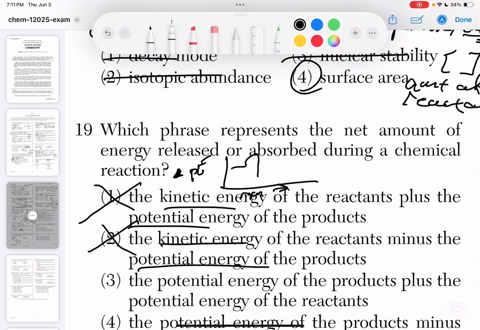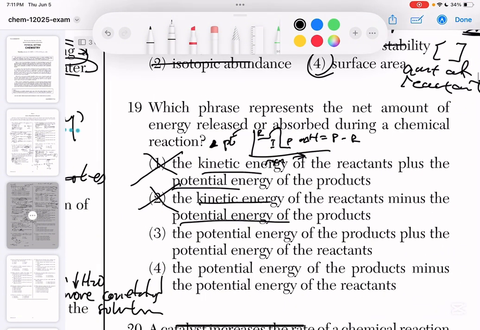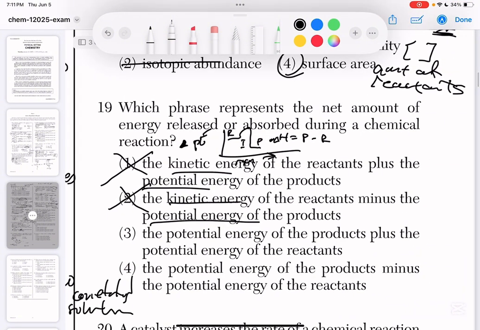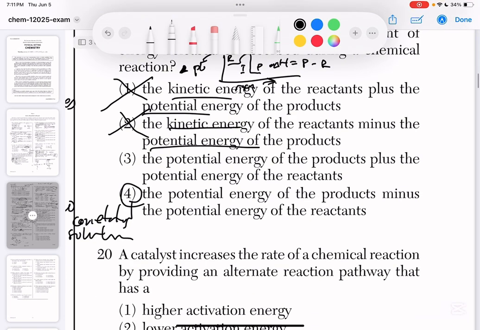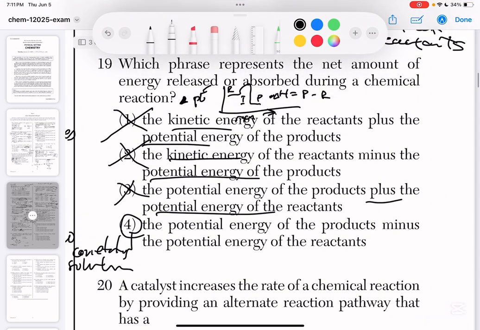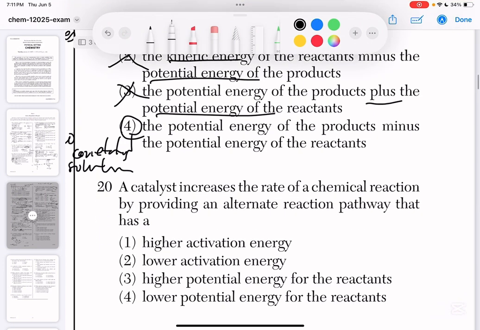This would be your typical exothermic reaction. So delta H equals products minus reactants. So it would be the potential energy of products minus the potential energy of reactants. Because this just doesn't make sense. The net amount of energy released or absorbed would be the difference and not the sum. So, yeah.